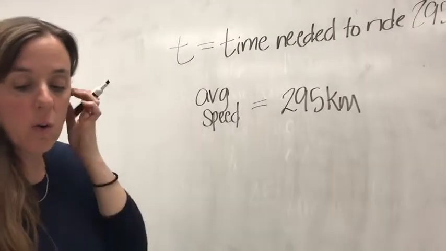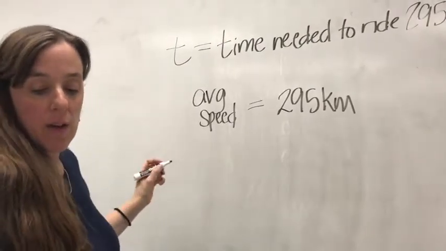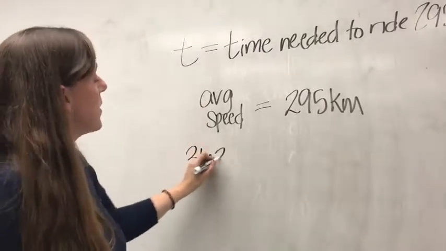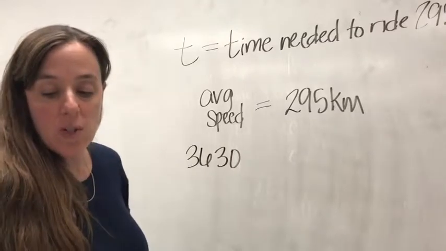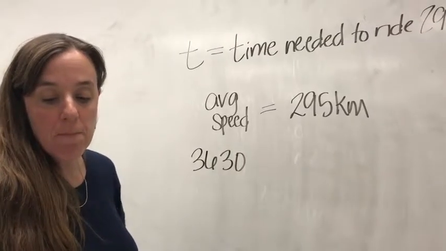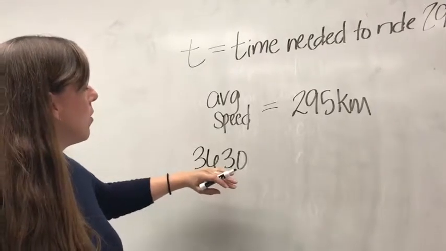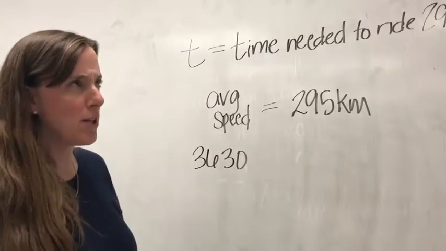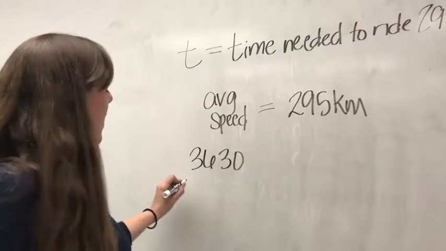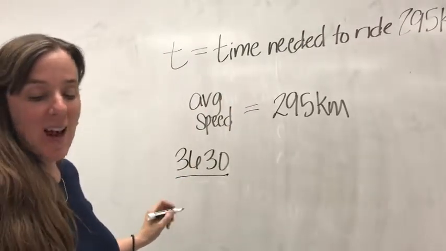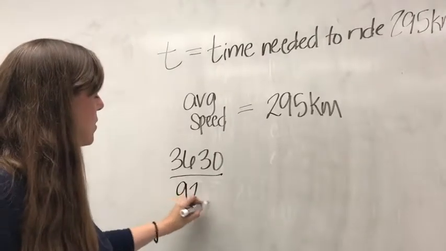All right, so we have 3,630, which I said was the complete amount of kilometers that he rode, divided by the time it took him, which was 92.5 hours.